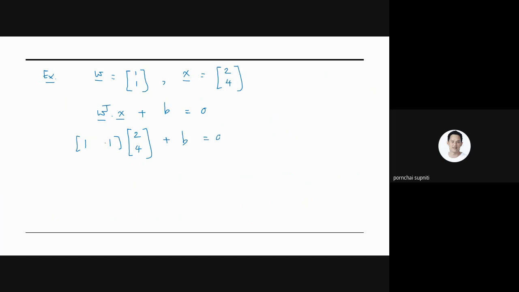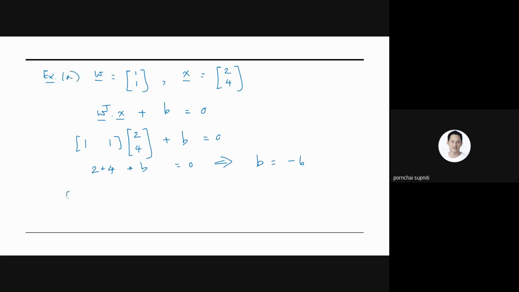So if you multiply together, you get 1 times 2, which is 2, plus 1 times 4, which is 4. And then plus B to be 0. So for this case, B is going to be equal to minus 6. That's all what it means for this type of equation.